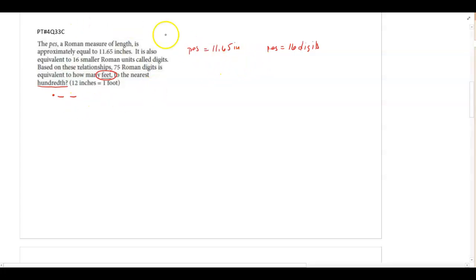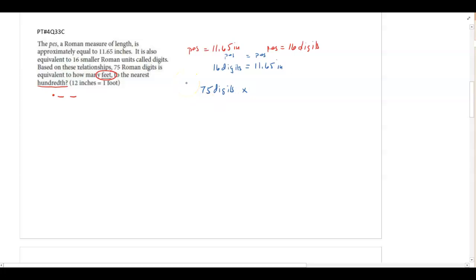So I look at this and I say, okay, I could do the long way where I set everything up. I know 16 digits is equal to 11.65 inches because 1 pes is equal to both. Now with this, I have 75 digits given to me.